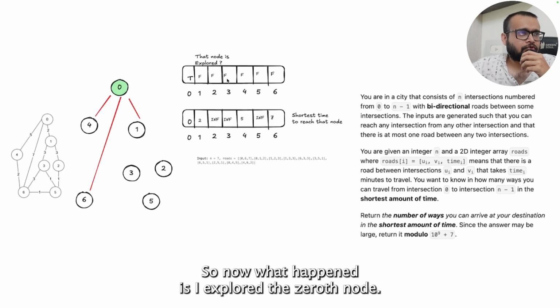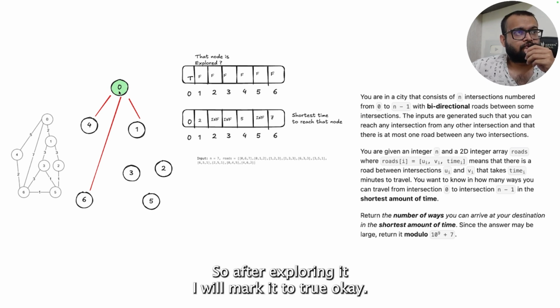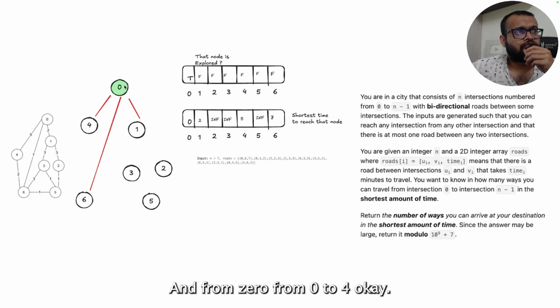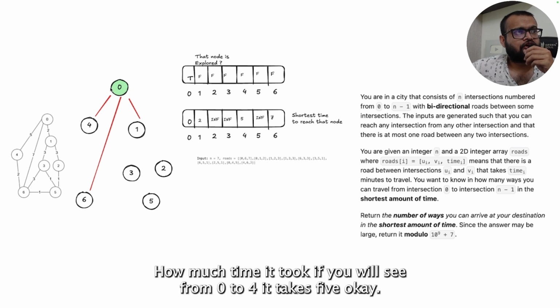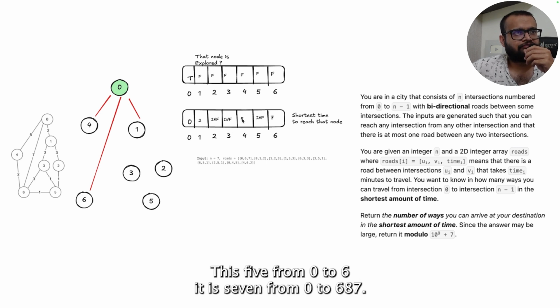Now I explore the 0th node, the source node. After exploring it, I will mark it as true. From 0 to 4, how much time does it take? It takes 5, so I have updated node 4 with 5.